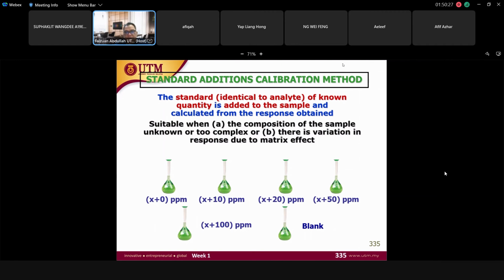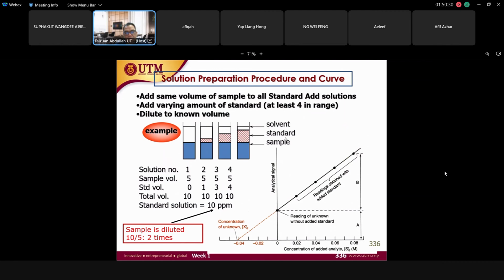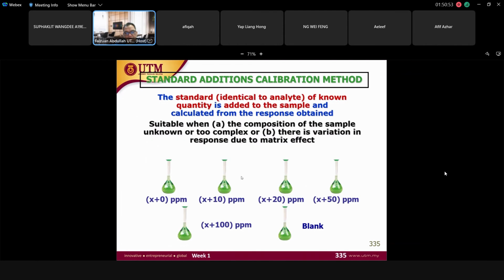We need to set how many milliliters of sample we need to put. For example, in all calibration solutions for the standard addition, we put 20 ml. So similar in all series, 0, 10, 20, 50, we put how much? 20 ml of sample, similar in all volumetric flasks.